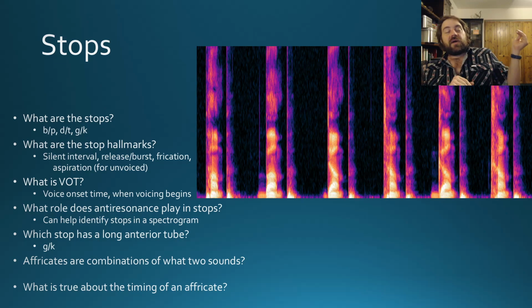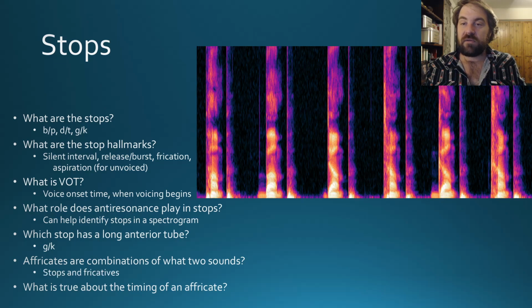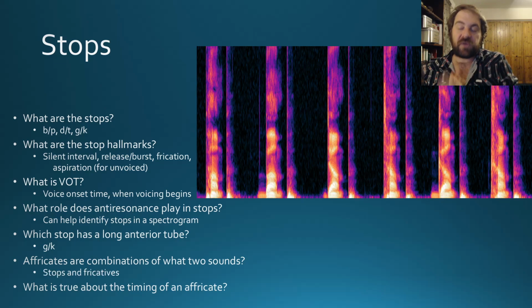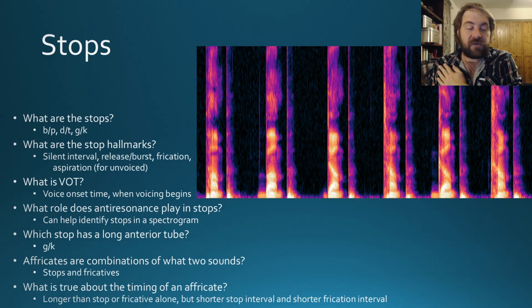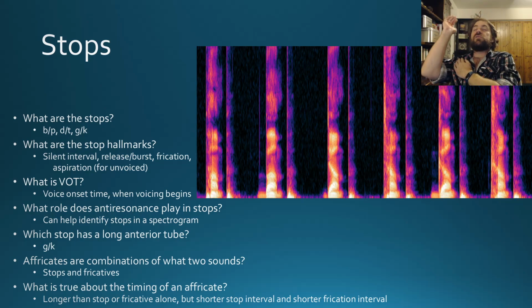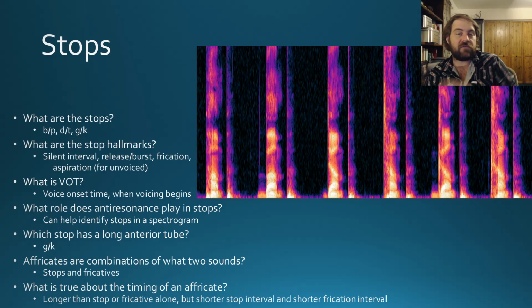And then we're going to talk about affricates for a second here. Affricates are combinations of which two sounds? They're putting stops and fricatives together. The timing of an affricate is very similar to the timing of a diphthong. So an affricate is longer than a stop or fricative by itself, but it's shorter than a stop interval.